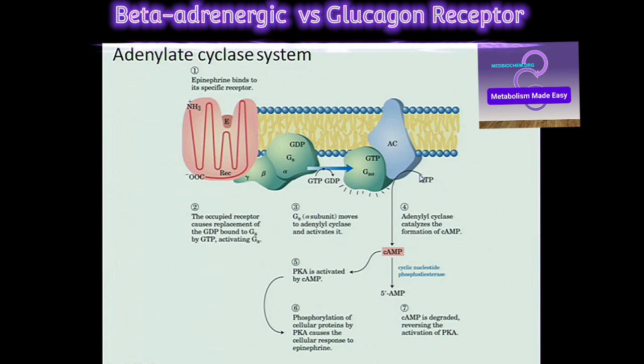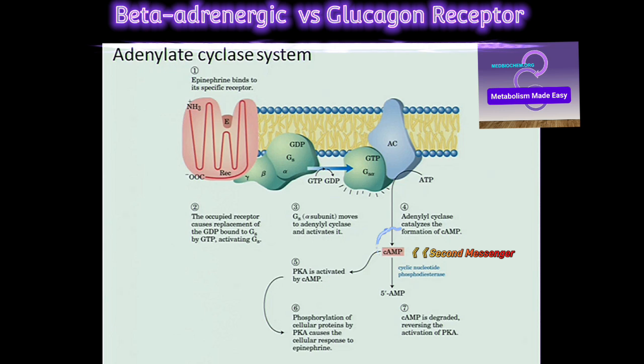So it takes ATP and cyclizes it, hence the name cyclase, adenylate cyclase, to produce this pink structure here, cyclic AMP, the second messenger produced by the beta-adrenergic system, or the adenylate cyclase system.